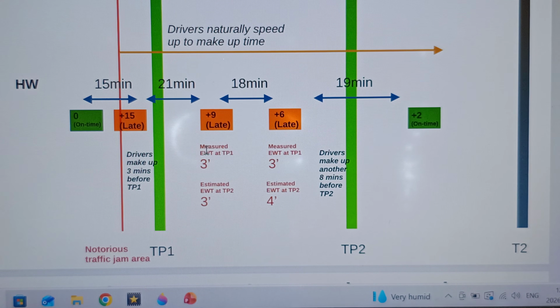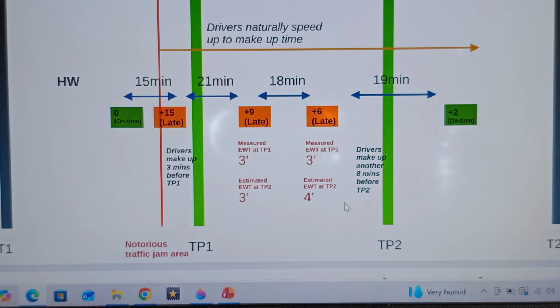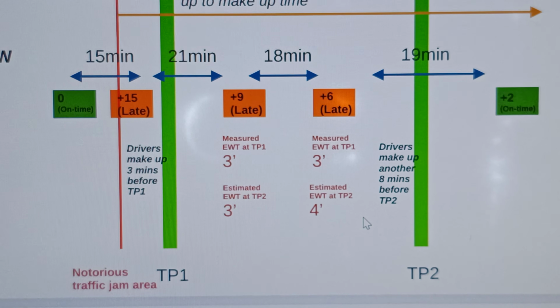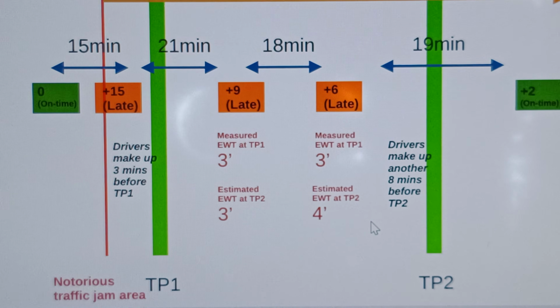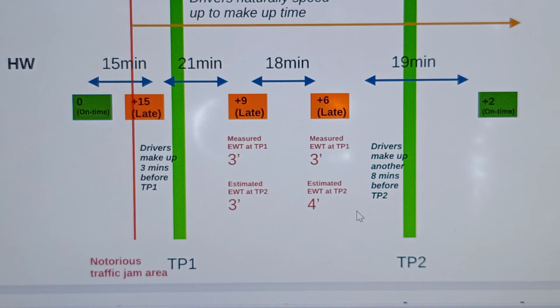And then there's also this thing about measured estimated waiting time at TP1, TP2, and stuff like that. I'll let you figure out yourself what these actually mean, because I do not believe in spoon feeding.